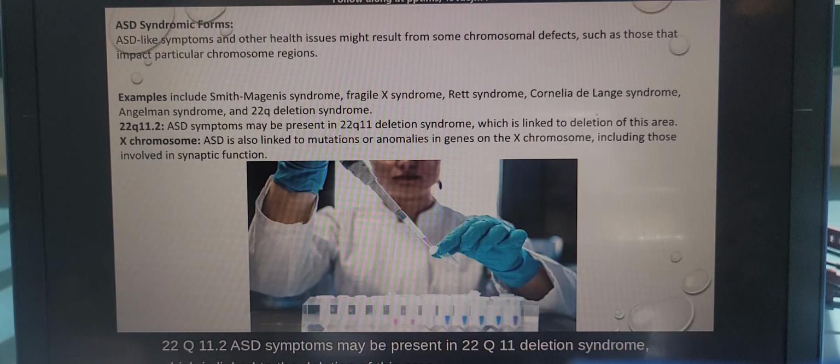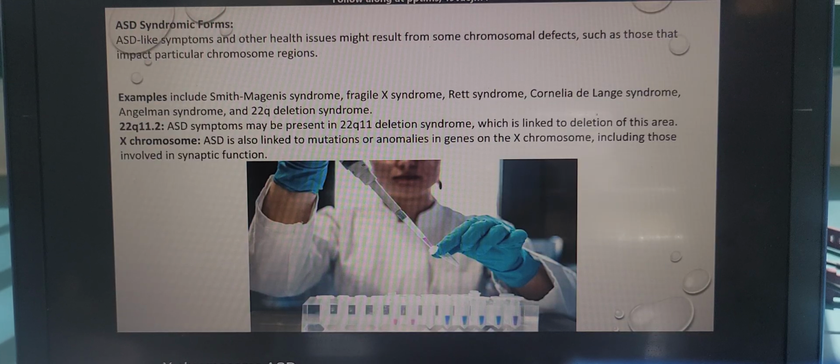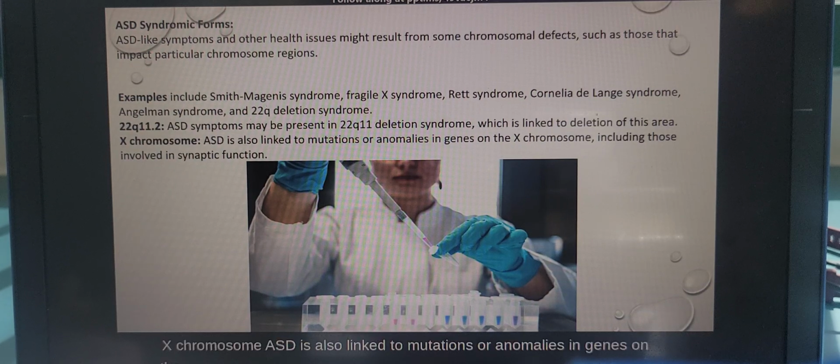X chromosome: ASD is also linked to mutations or anomalies in genes on the X chromosome, including those involved in synaptic function.